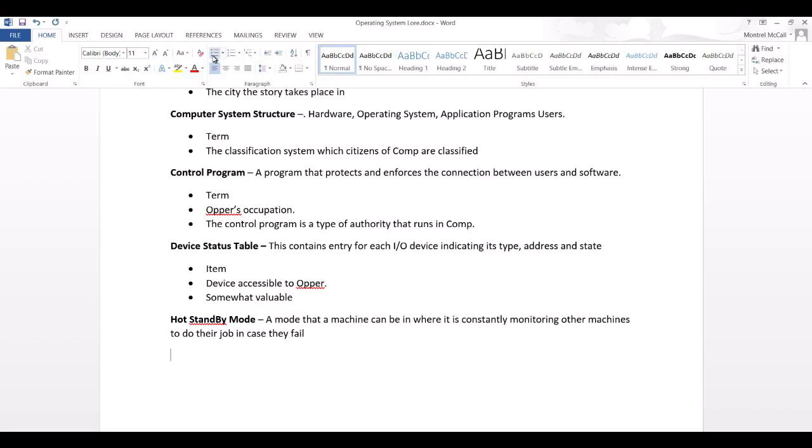So yeah, this is going to be a mode. This mode is primarily used for security, but can be applied to any machine or program. Okay. So, you guys probably don't know what hot standby mode means.